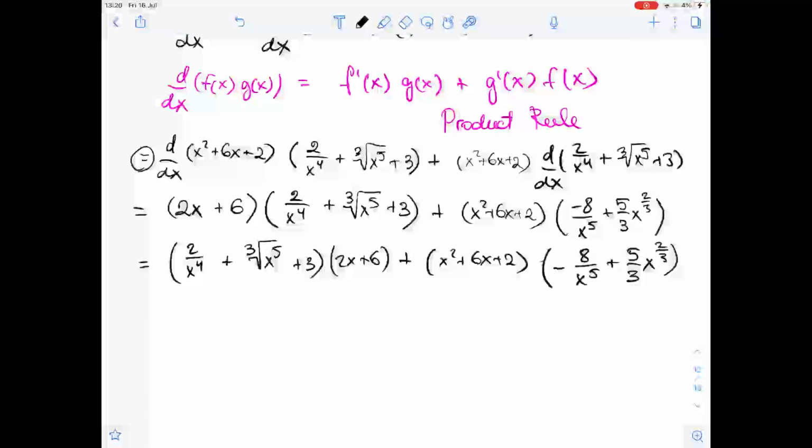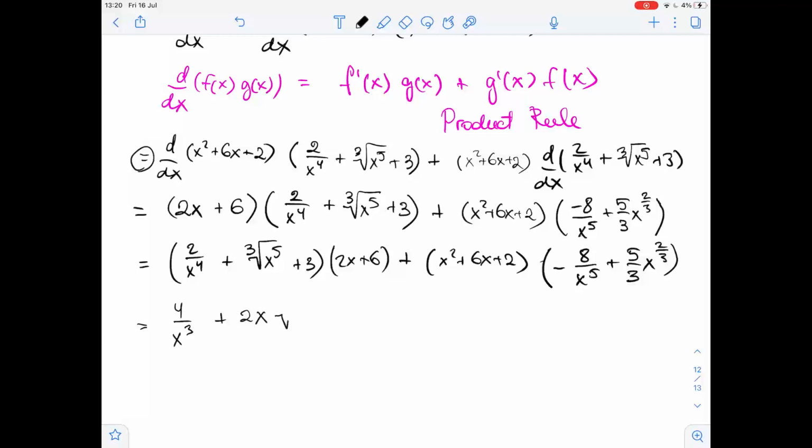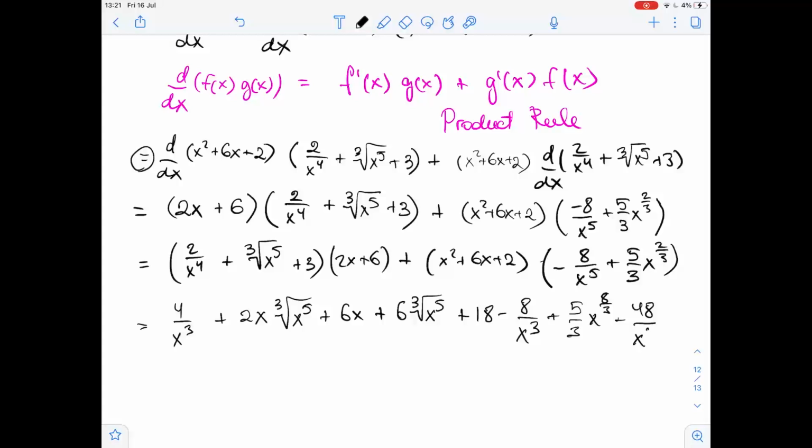let's multiply all the elements, and we get that it equals 4 over x cubed plus 2 times x times the cube root of x to the fifth power plus 6x plus 6 times the cube root of x to the fifth power plus 18 minus 8 over x cubed plus 5/3 times x to the 8/3 power minus 48 over x to the fourth power plus 10 times x to the power of 5/3 minus 16 over x to the fifth power plus 10/3 times x to the power of 2/3.